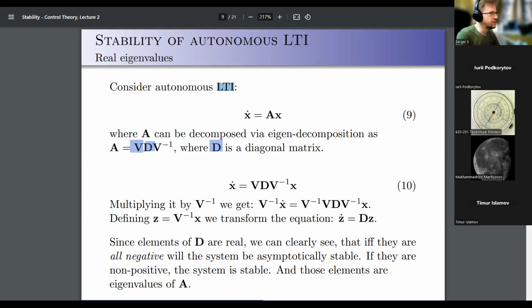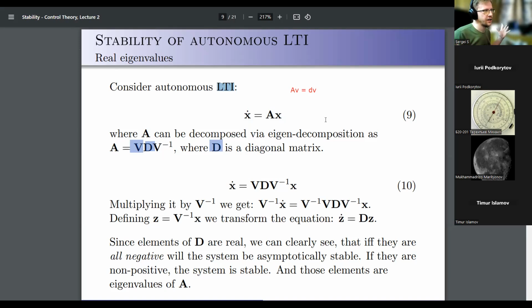If you're not familiar with it, the way you produce this decomposition is you write a definition of what it means to be an eigenvector. It is AV equals to, let's say, dV, where d is an eigenvalue, V is an eigenvector, A is your matrix. You write all of those equations for each eigenvalue.